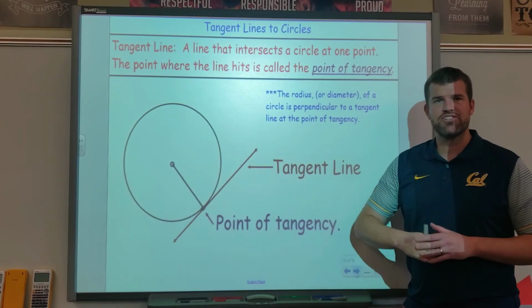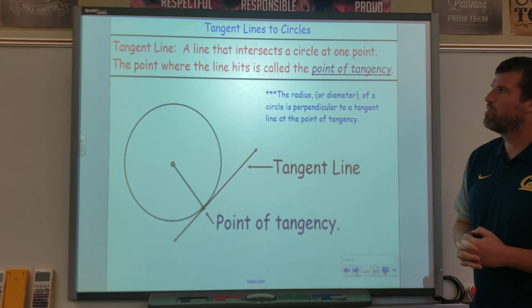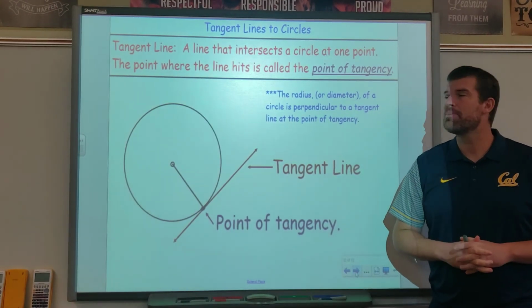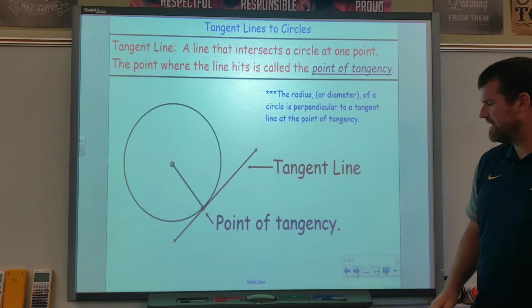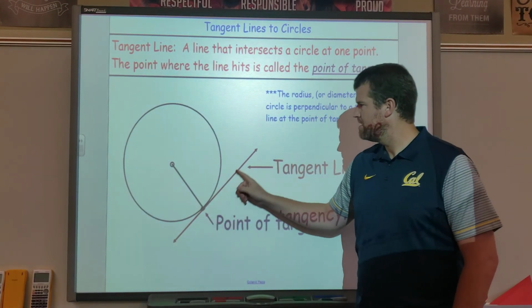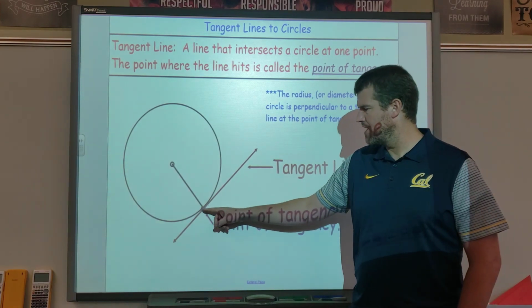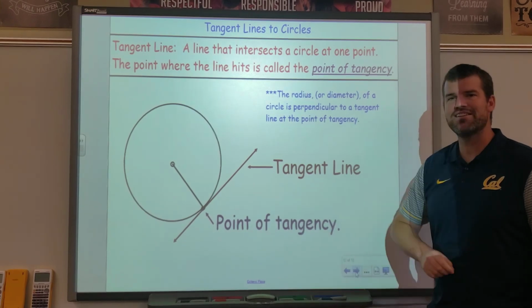All right, last thing, just to introduce the vocabulary. We're going to do a lot more on tangent lines in our next lesson, but a tangent line is a line that intersects a circle at exactly one point. So here is a tangent line. It's touching the circle right here. That place where it touches the circle is called the point of tangency.